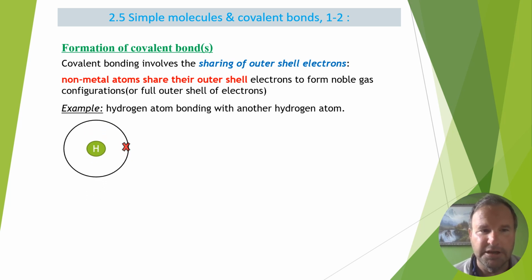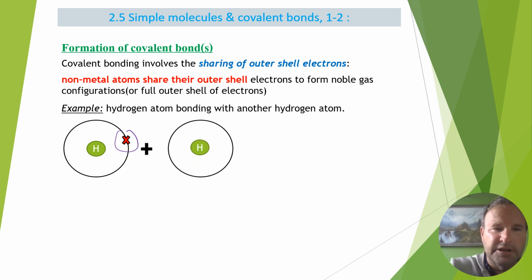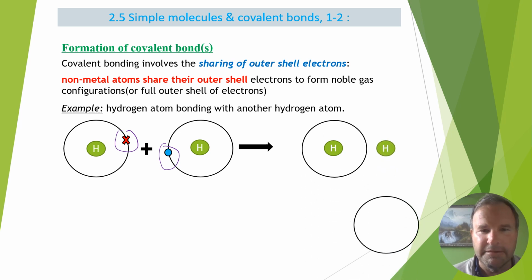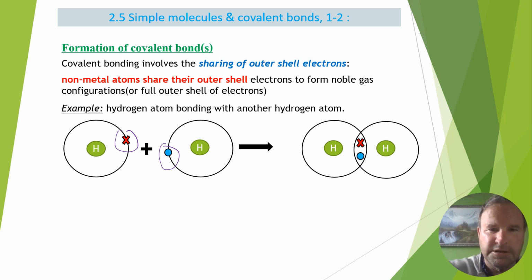We can see by the use of a cross here, just circled here, that represents an electron, and then we add another hydrogen atom with its own electron here, which is 1 again. And then we overlap the outer shells, which is the first shell, and we get a full complement of electrons here, and that is one pair of electrons equals one covalent bond.